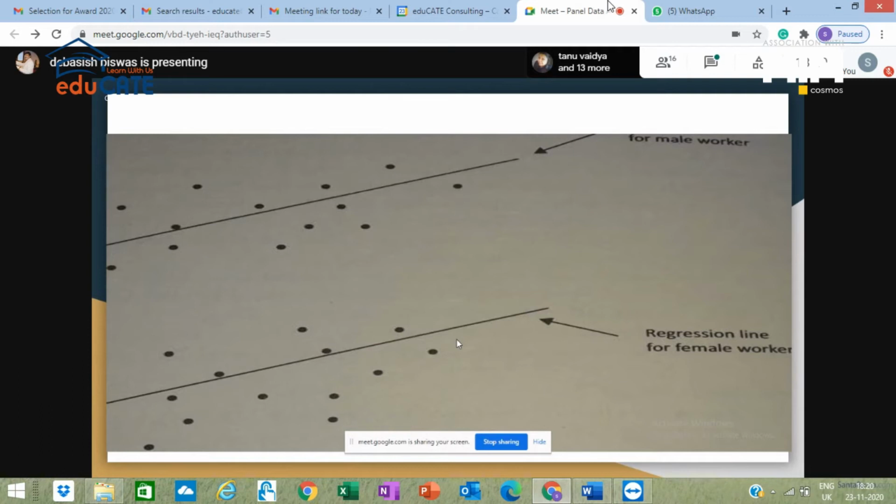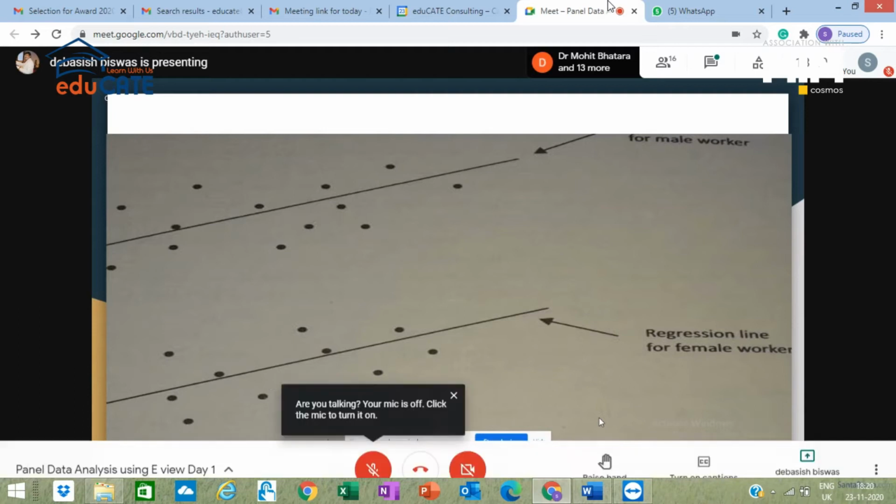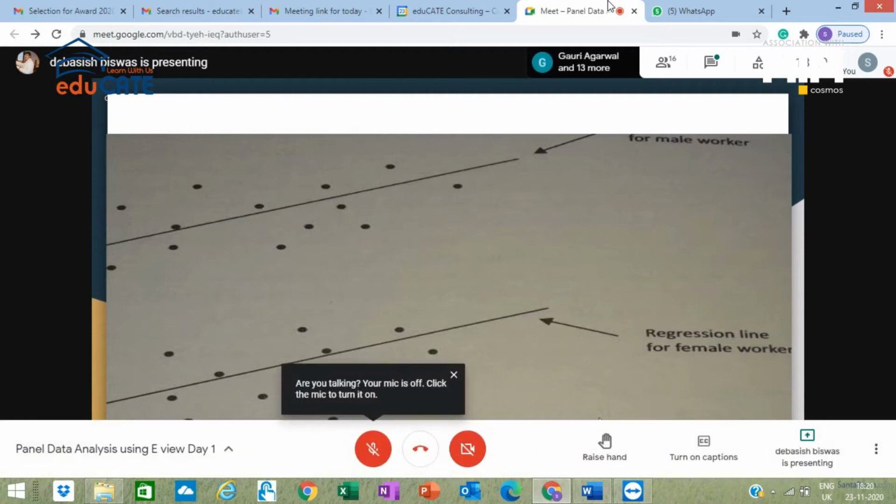We have considered the education of our workers along the x-axis. Suppose we are measuring the level of education of our workers along the x-axis, and we are measuring the income of the workers along the y-axis.